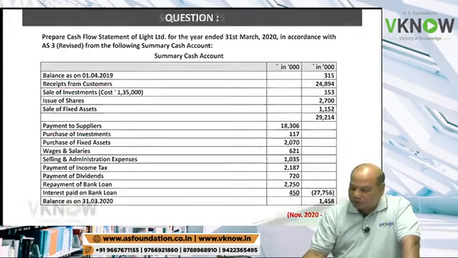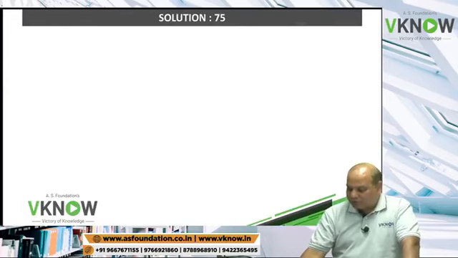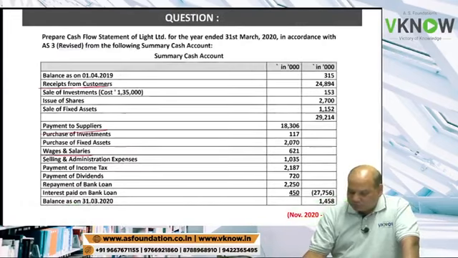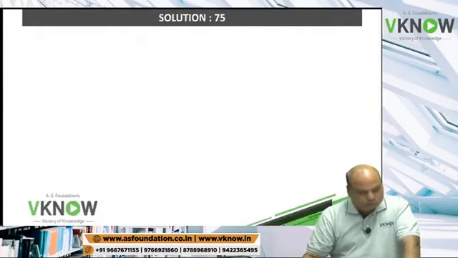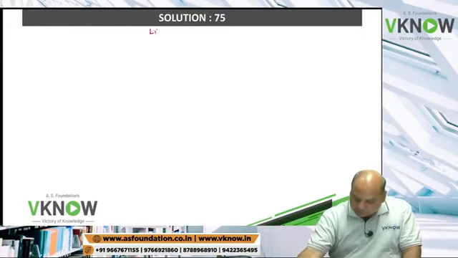So let us write down the direct method answer. First you write down the format. Name of the company, Light Limited.